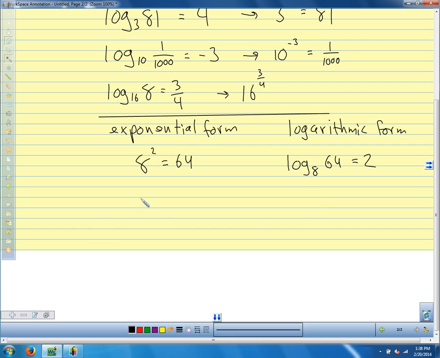How about 9 to the 3 halves equals 27? We want to rewrite that in logarithmic form. Log base 9 of 27 equals 3 halves.